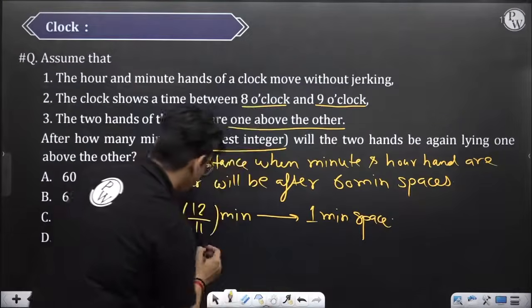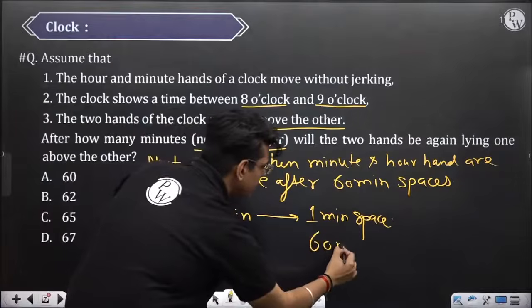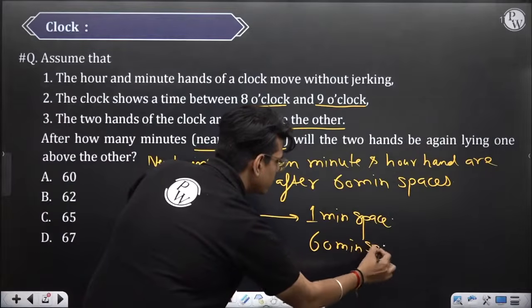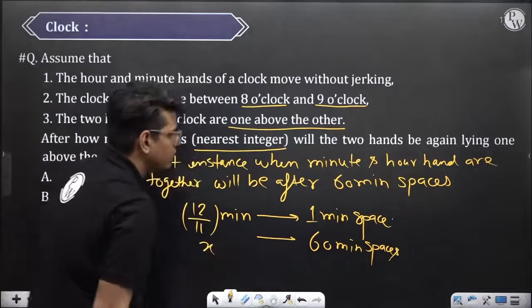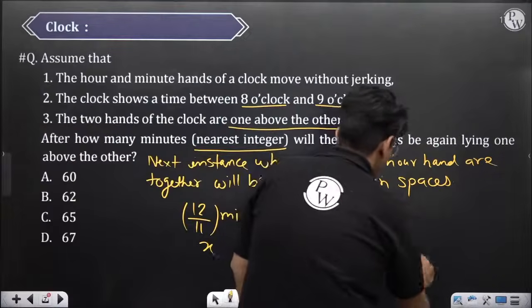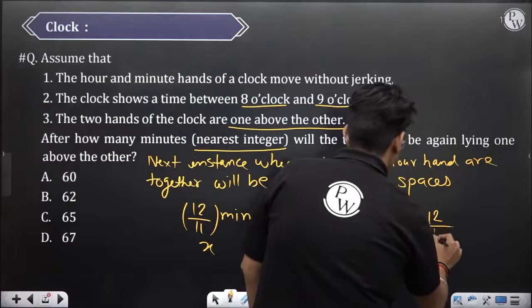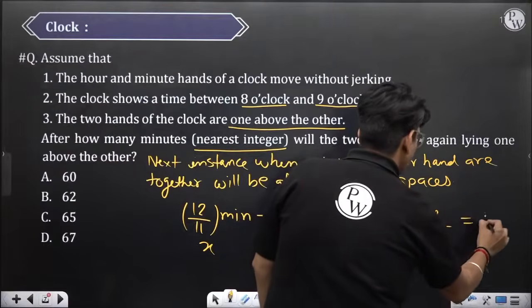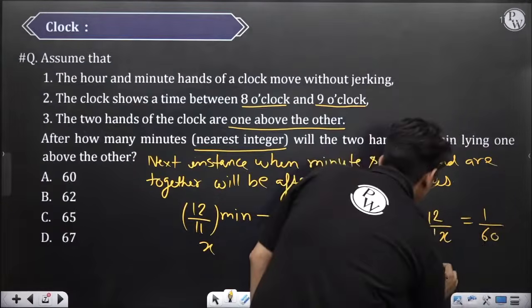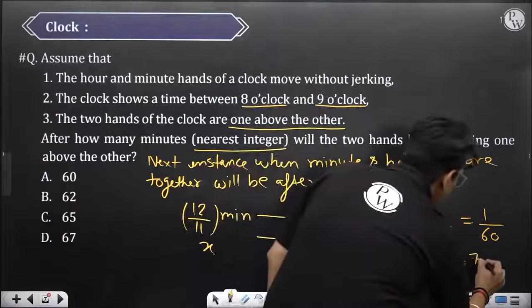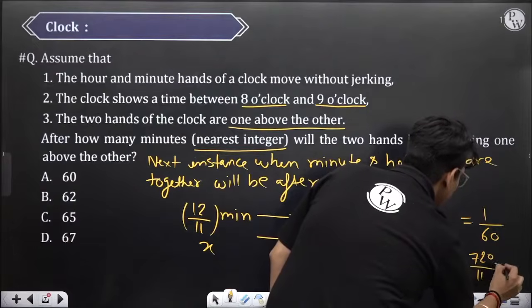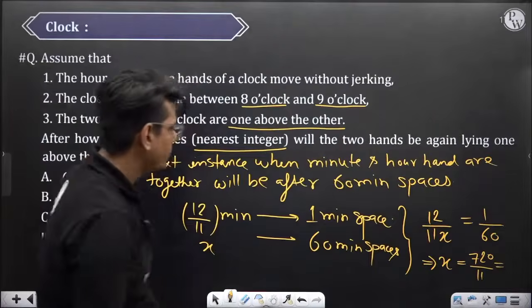So for 60 minute spaces, let it be x. So this is nothing but 12 by 11 x equals to 1 by 60. From here we can get 6 12s are 72, 720 by 11. This is nothing but what? Divide.